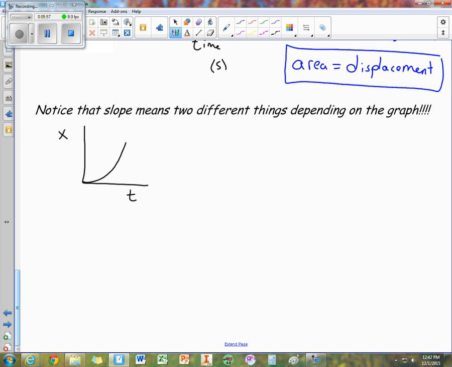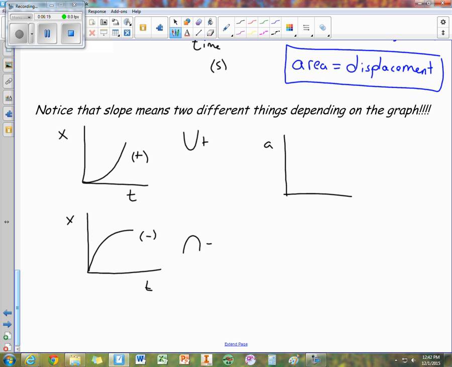Now this right here is actually positive acceleration. This is negative acceleration. Smiles have positive acceleration. Frowns have negative acceleration. And then if I were to look at an acceleration versus time graph, constant acceleration then would be our horizontal line.